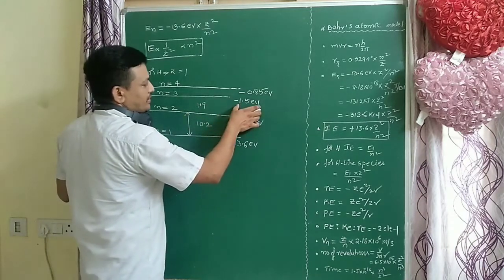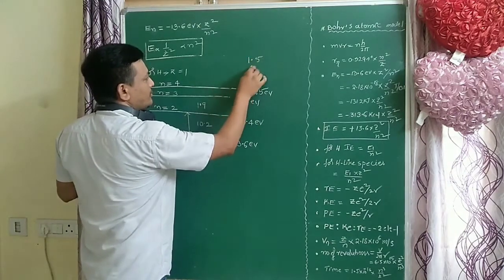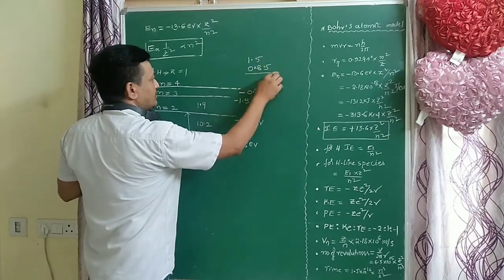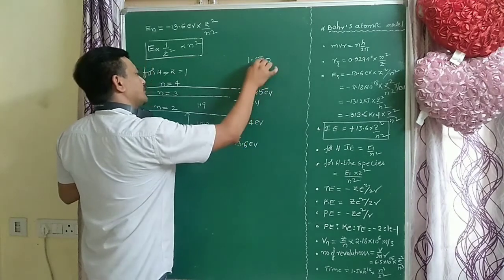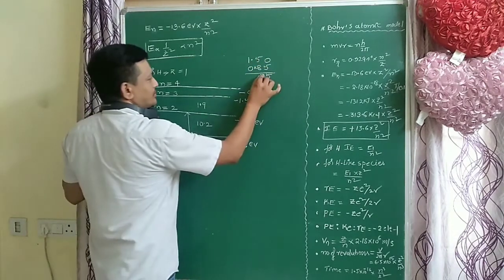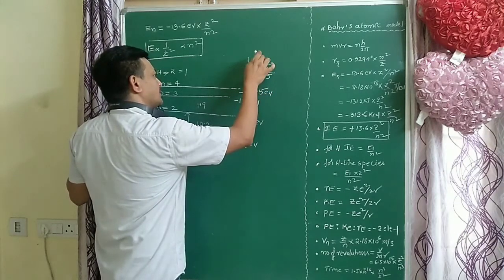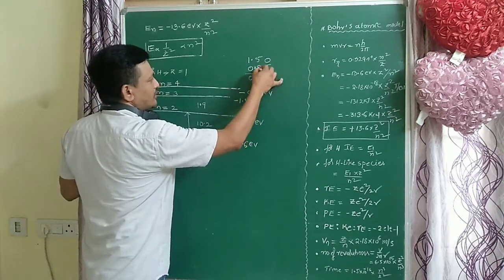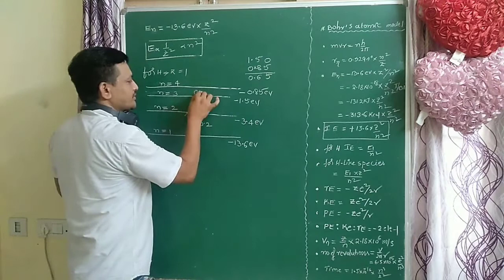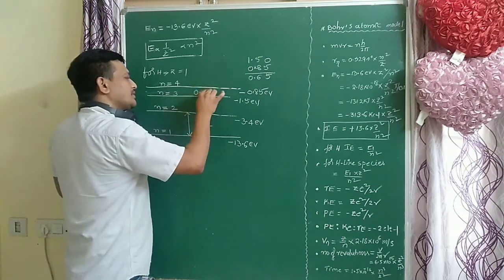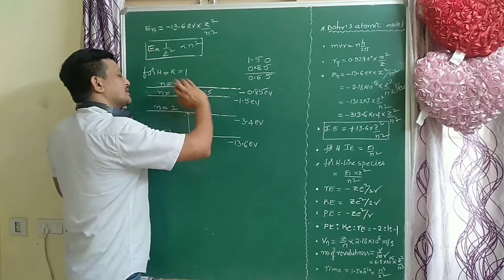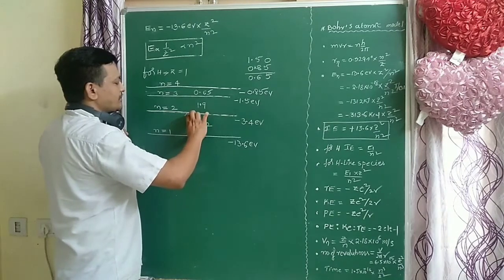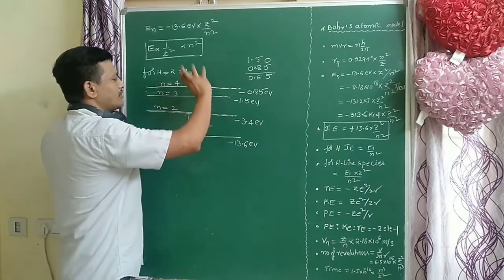And what is the energy difference here? 1.5 minus 0.85 equals 0.65. So the energy difference between any two lines decreases as n value increases. So the difference between the first and second orbit is more when compared to all the remaining orbits.